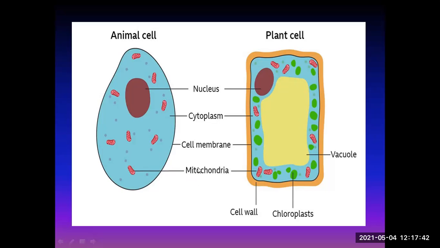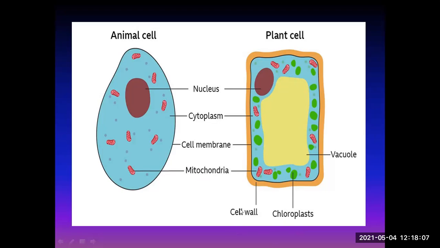See, you're getting another word over here, mitochondria. These mitochondria are small structures that give you energy. So the carbohydrates that you are eating ultimately goes into the cell and gives you energy. The difference between the two cells is three structures. One is cell wall.